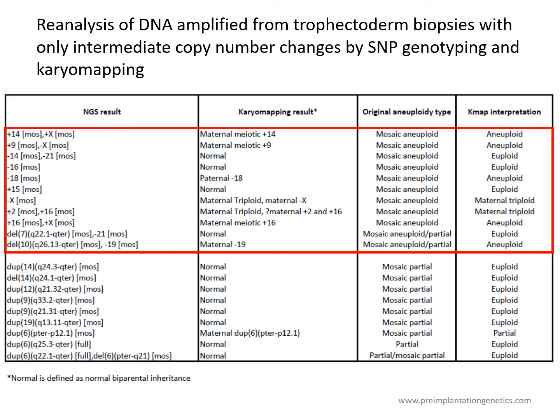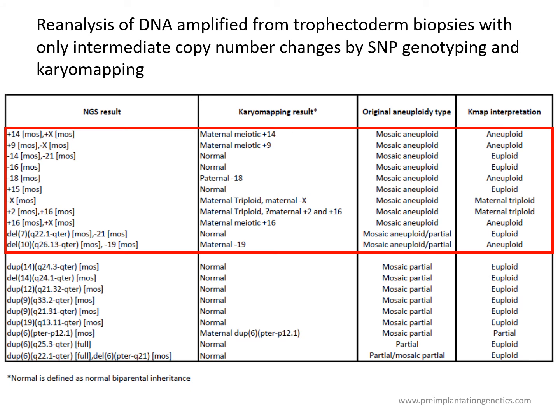We then did karyomapping, so we had to genotype the two parents to do this. And then we reran the same amplified DNA that had been used for NGS copy number analysis. And you can do this very effectively, even though the normal whole genome amplification protocol is different for NGS and karyomapping.